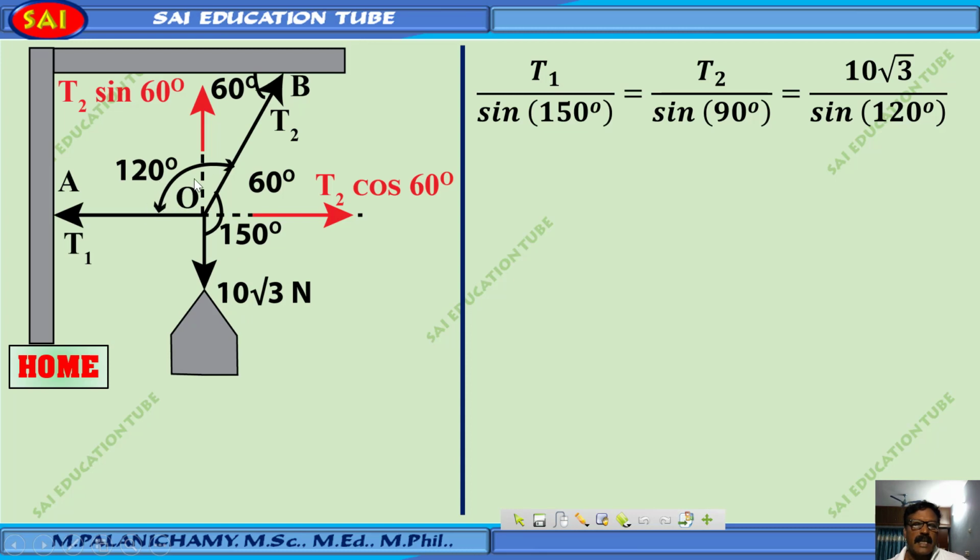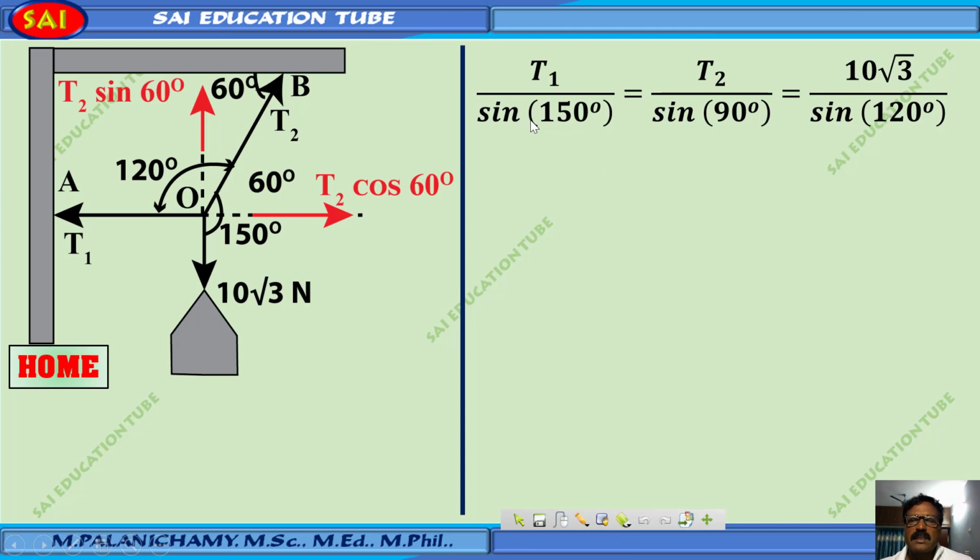This is 90 and this is 30. How? As this is 60, this must be 30, therefore the total angle is 120, that is 10 root 3 by sine 120.